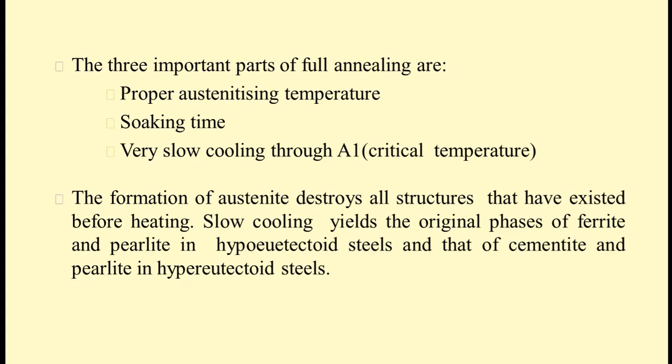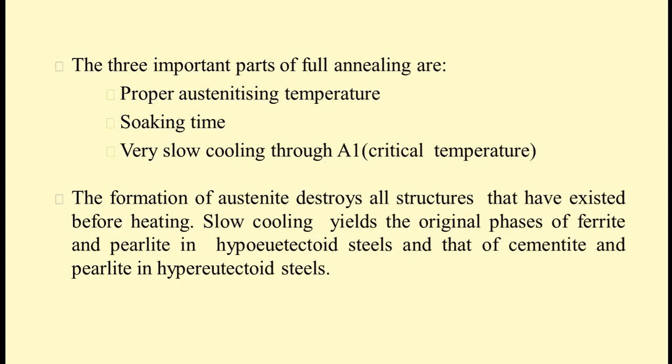Now the three important parts of full annealing are reaching the proper austenitizing temperature, a long soaking time, and very slow cooling through the A1 critical temperature. These are the three major important parts of full annealing. The formation of austenite destroys all structures that existed before the heating.